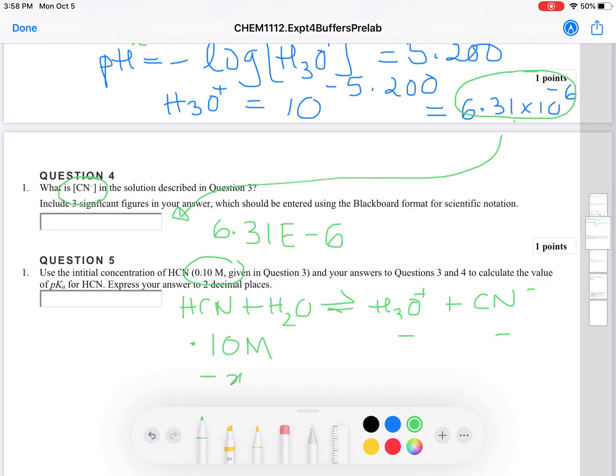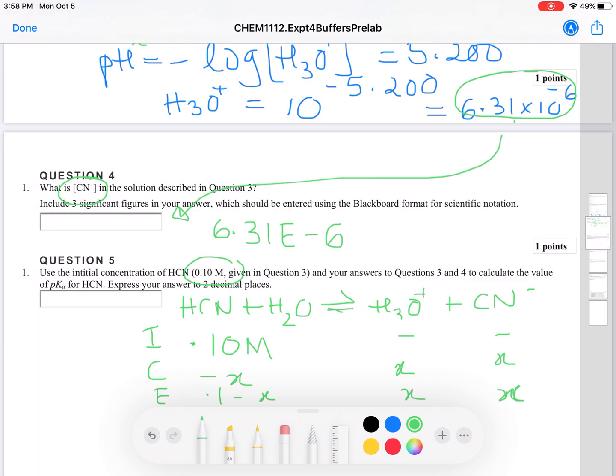Let's say X amount is going to react, so then X amount is going to form, and this is the change. So at equilibrium, you will have hydrogen cyanide 0.1 minus X, X, and X, right?